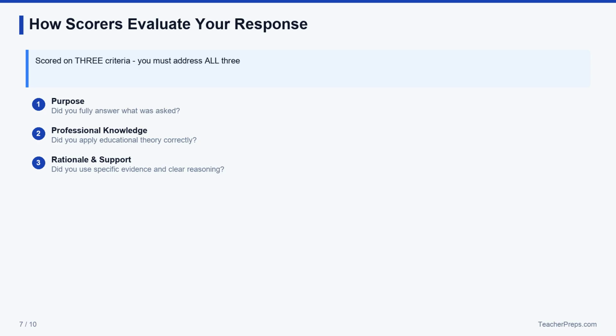Simply describing a strategy isn't enough. You need to demonstrate that you understand why it works. Third is rationale and support. This evaluates whether you provided sound reasoning backed by specific evidence. Did you cite the documents? Did your logic make sense? To score well, you must demonstrate strength in all 3 areas. Missing any one of them will significantly impact your score.